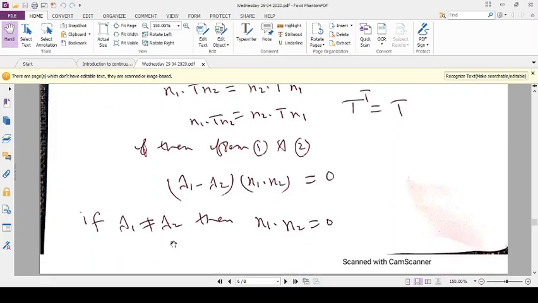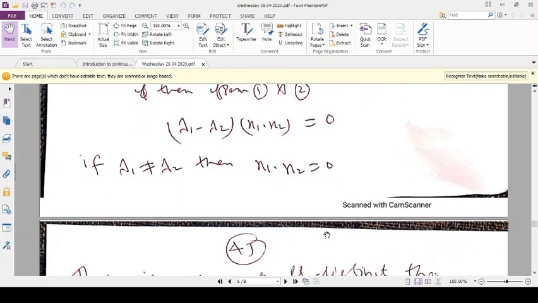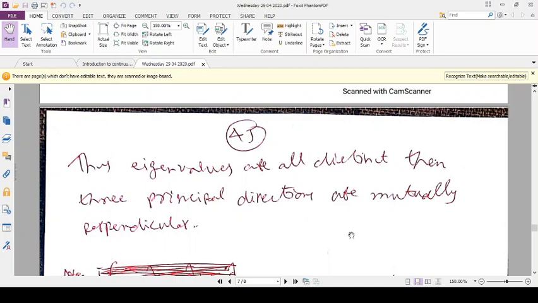Now if these eigenvalues are different, it means that this dot product will be 0. If this dot product is 0, then we can see that these 2 are orthogonal to each other. Thus if the eigenvalues are distinct, then the 3 principal directions are mutually perpendicular.